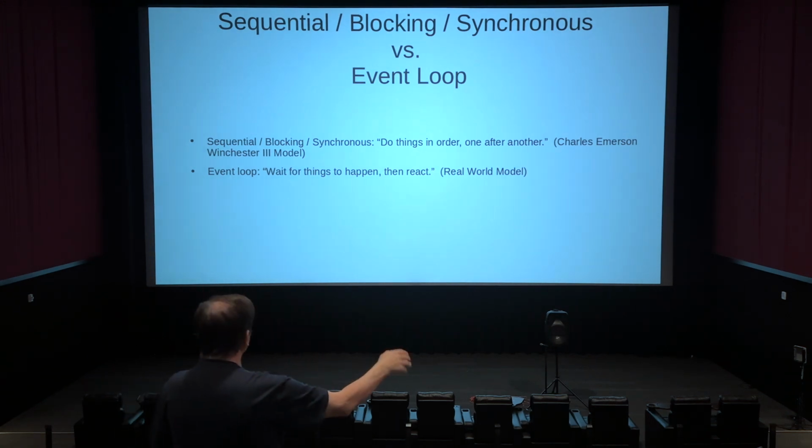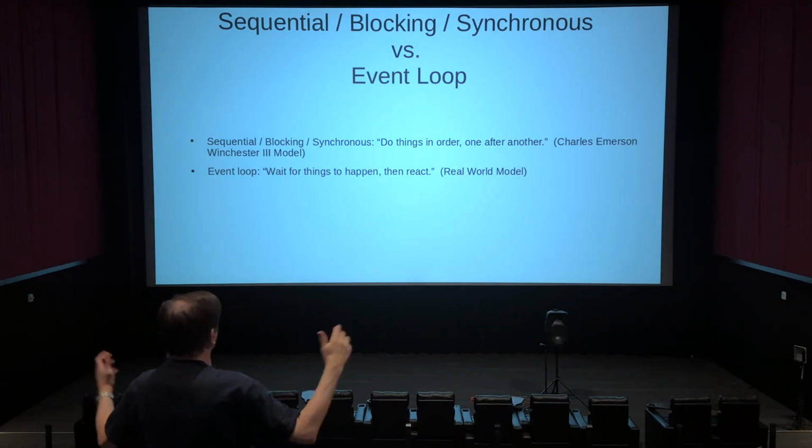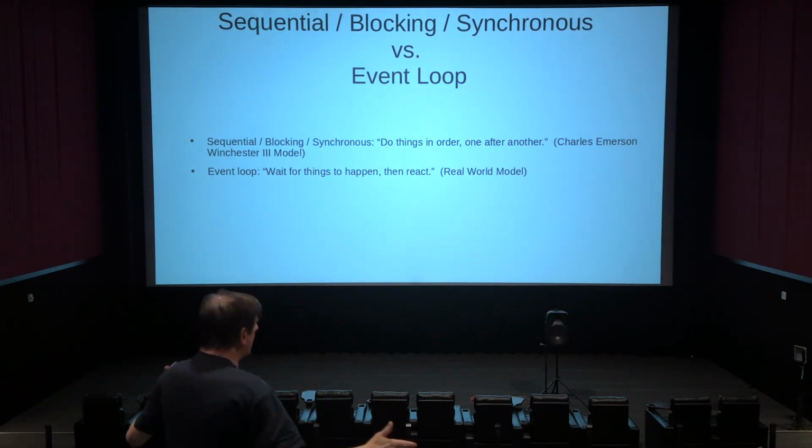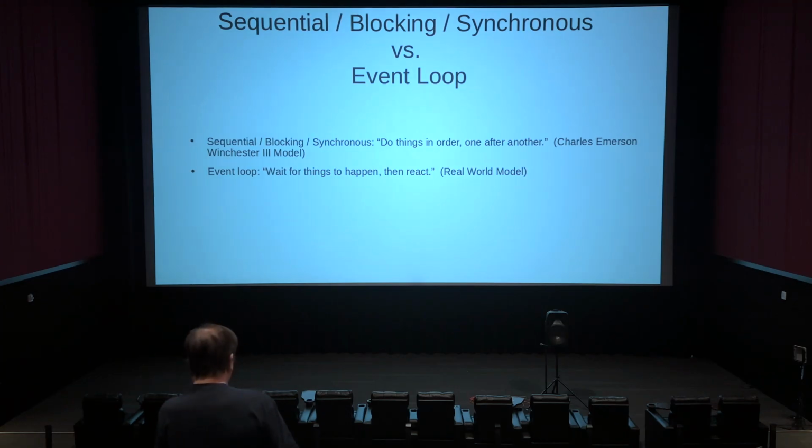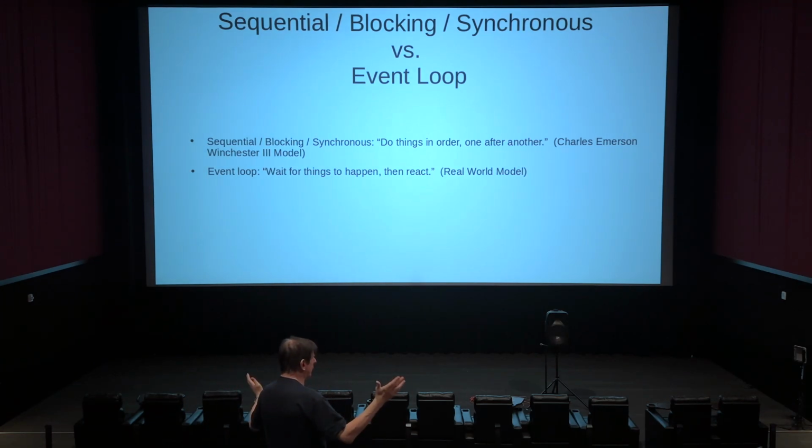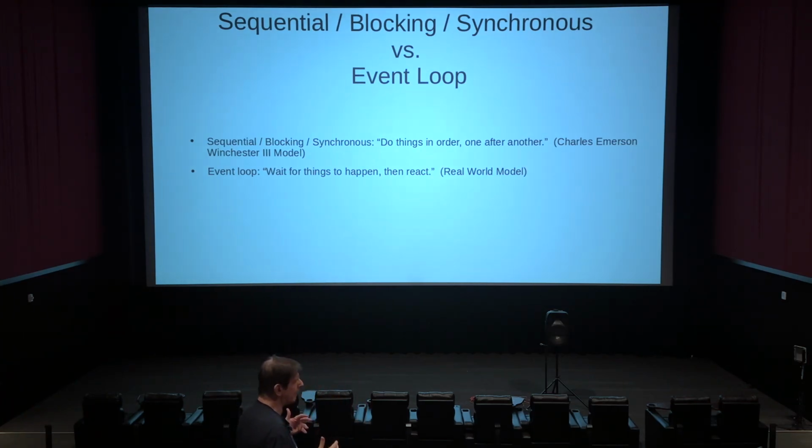Conversely, a GUI is more of an event loop. You wait for things to happen and then you react. Think of it like this. You got up this morning, you woke up, and you said to yourself, I have to brush my teeth, I have to comb my hair. But in addition to the things that you knew you had to do, your body was reacting to a lot of things. I don't know how the brain works, but I assume there are a lot of event loops.